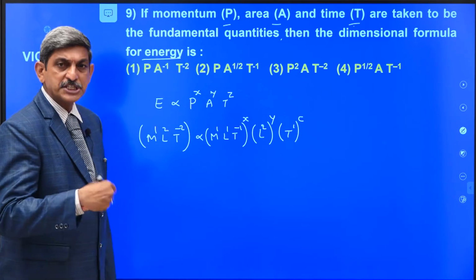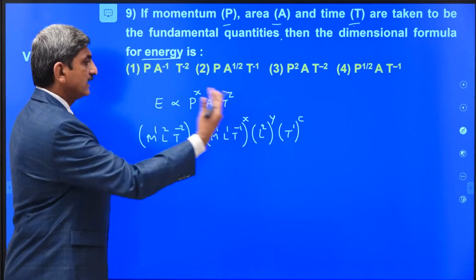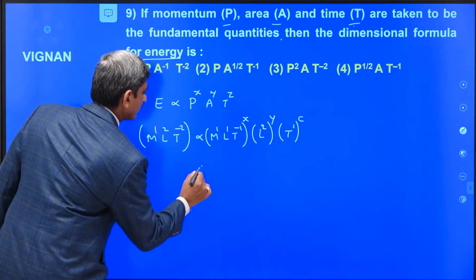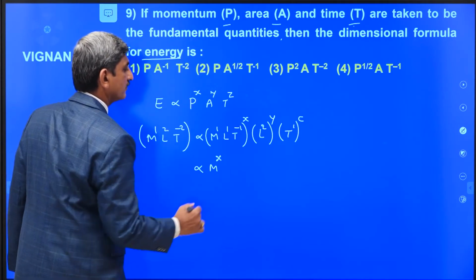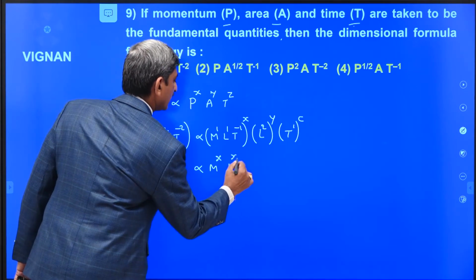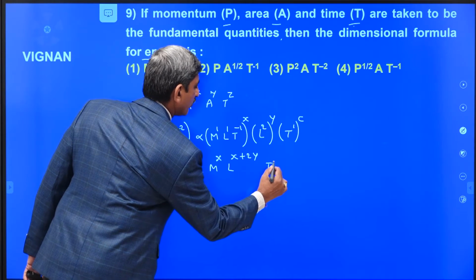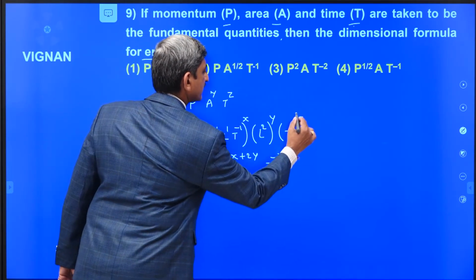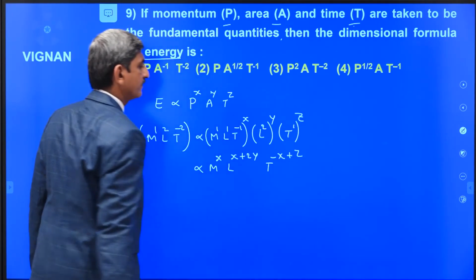So in the next step, separate the bases in the right hand side of the expression, then it becomes M to the power of x, L to the power of x plus 2y and T to the power of minus x plus z.